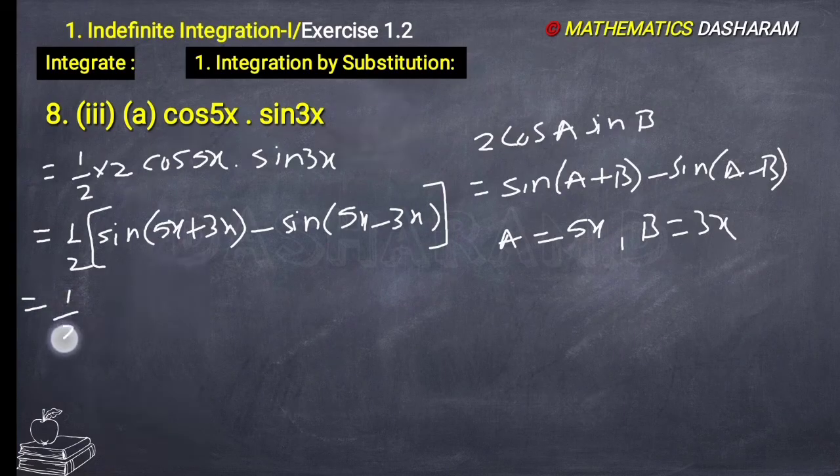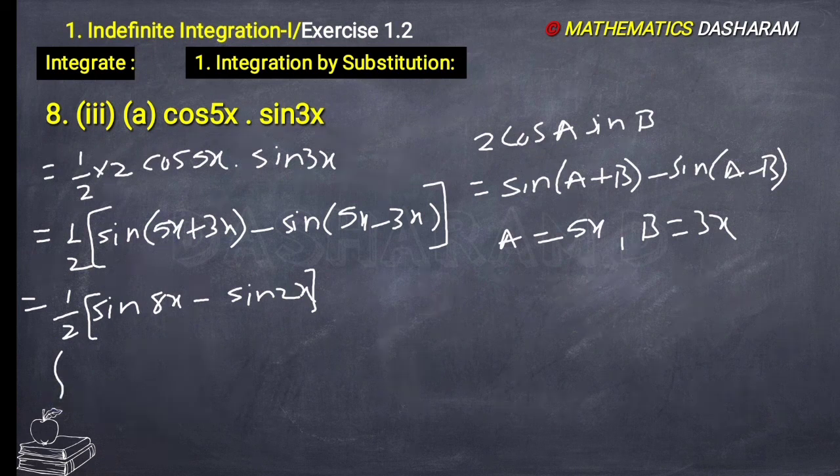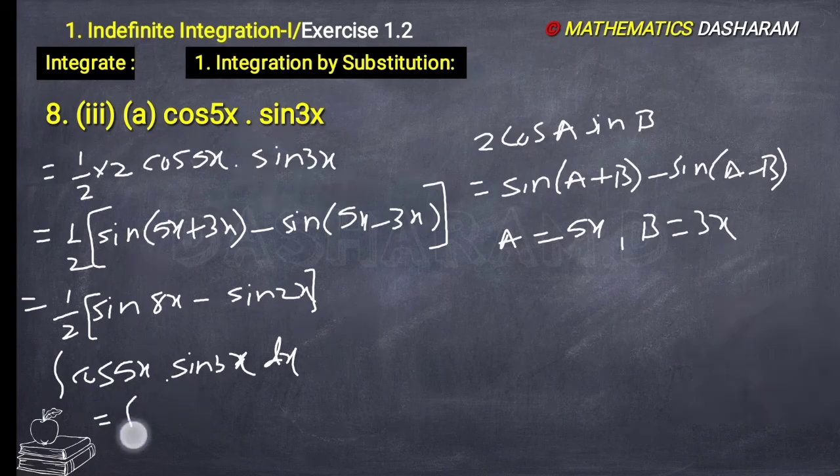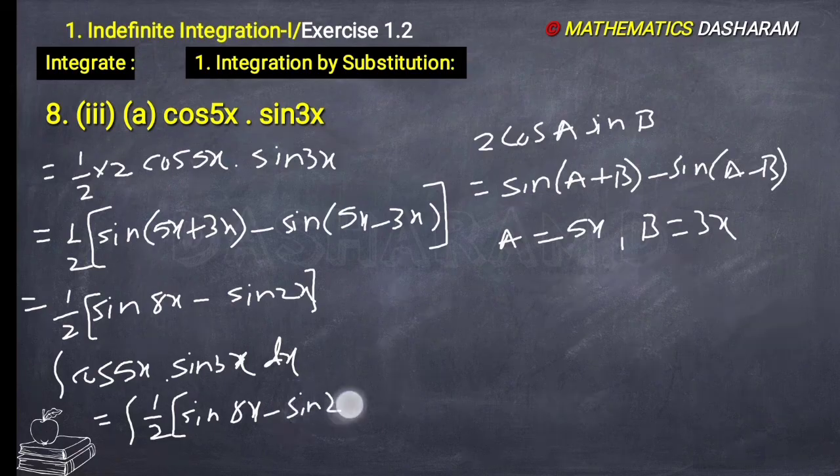It is equal to 1 by 2 bracket of 5 plus 3, 8x, minus 5 minus 3, 2x. So therefore the integration of cos 5x into sin 3x dx is equal to integration of 1 by 2 bracket of sin 8x minus sin 2x whole dx.